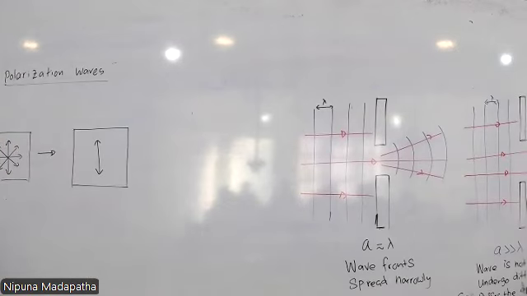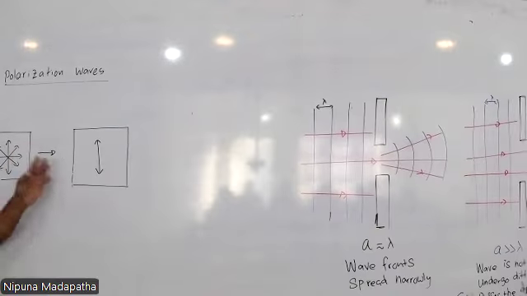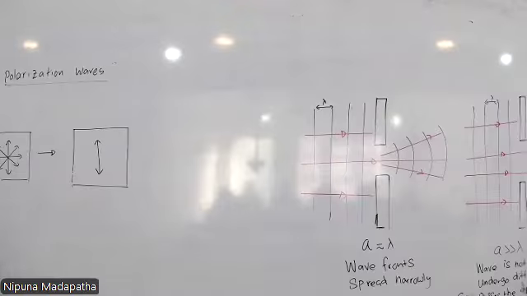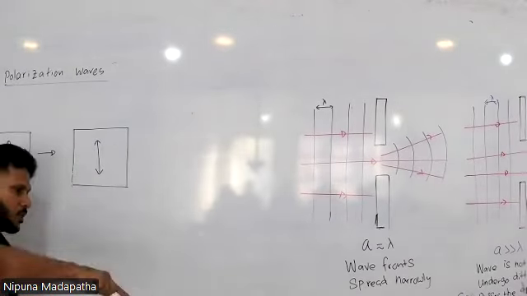So if we limit those oscillation planes into one plane, what happens to its energy or intensity? Intensity decreases. Energy decreases. Suppose you have a string there, right? We are oscillating this string.